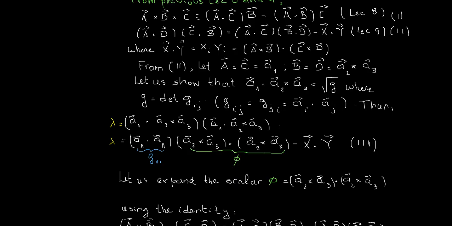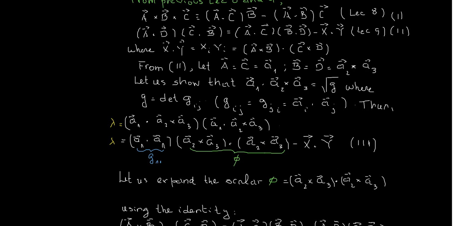Again, I'll repeat that I already derived these identities in lecture 8 and lecture 9, part 1. So let's continue.